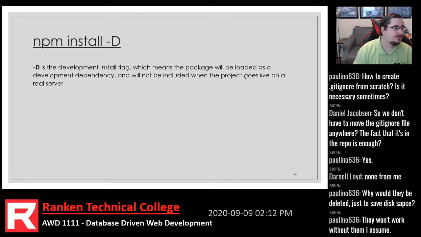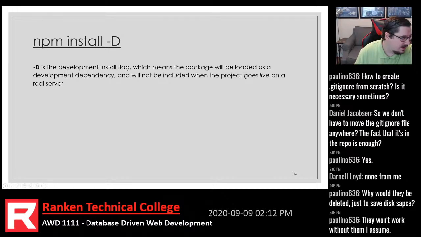So there's some tools like ESLint and other pieces that we need in order to test and build the application, but we don't need when the application actually goes live. Okay, so if it's something that you need for the application to function, don't add that -D flag. But if it's something you're using for development, we'll do that.